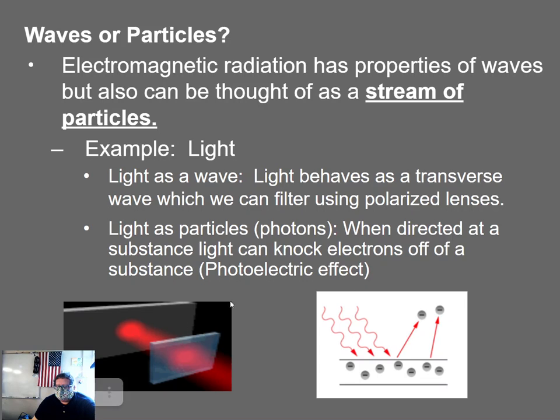Both experiments show light behaving in one specific way. The photoelectric effect shows light definitively behaves like a particle. The double slit experiment shows that light definitively behaves like a wave. And it does both of those at the same time. So it's quite complex. But like I said, I think we're going to discuss that tomorrow.